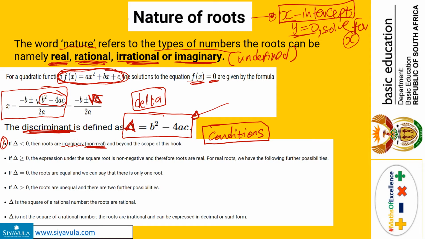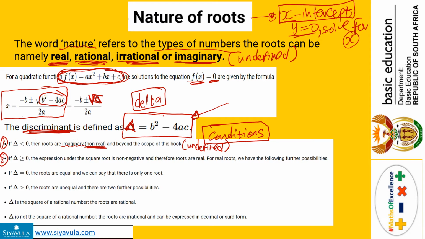You just do that in varsity. For now, you just need to know that if your delta is negative, then your roots are non-real, what we call imaginary. Sometimes they are called undefined.